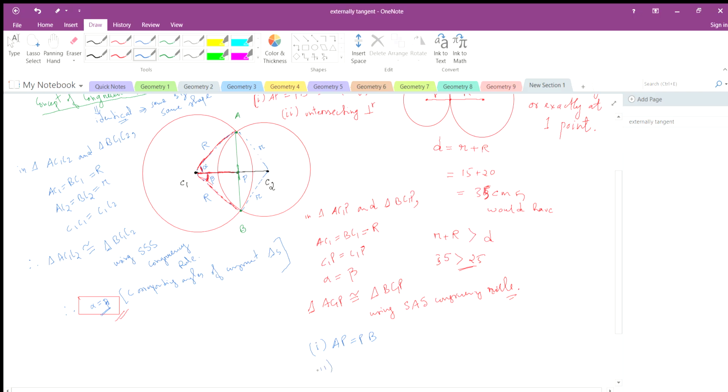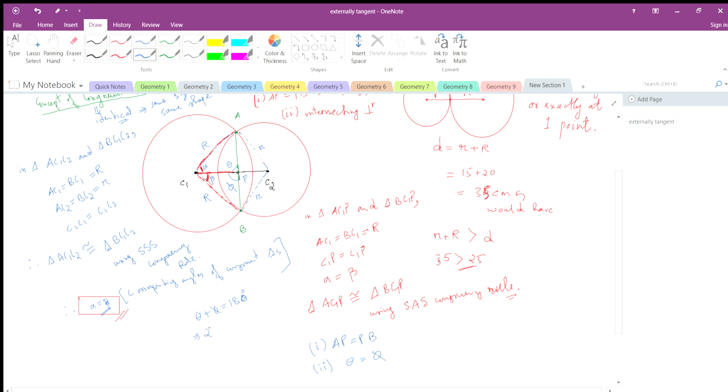Second, let us assume this angle is theta, this angle is phi. I can say theta plus phi is equal to 180 degrees because it is a straight line. Now since these two triangles are congruent, theta is also equal to phi, corresponding angles of congruent triangles.